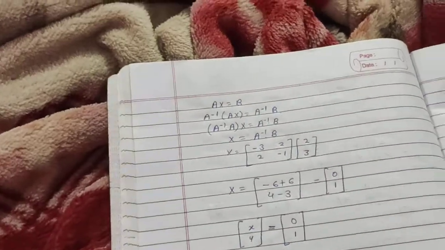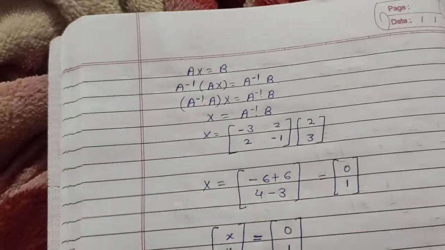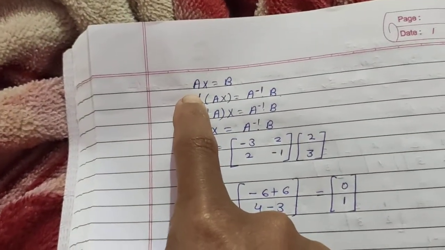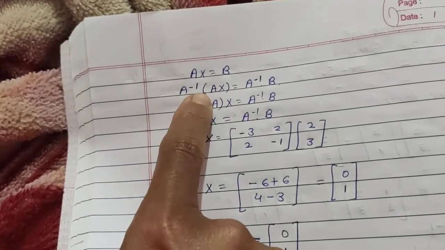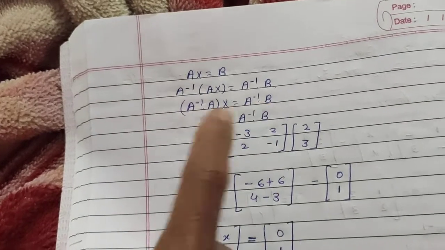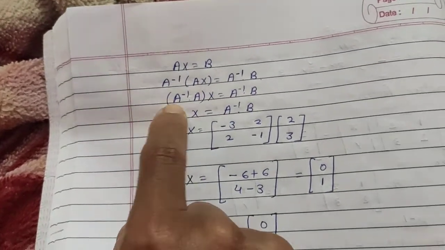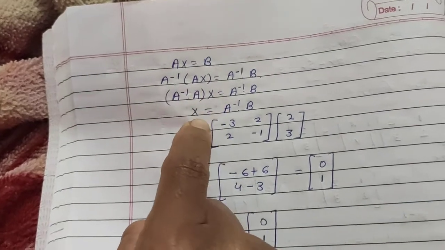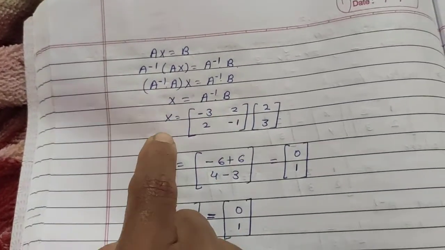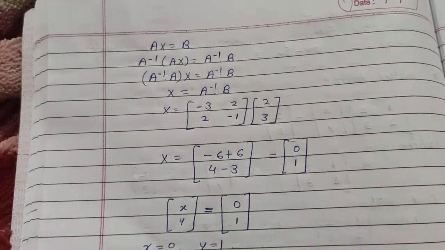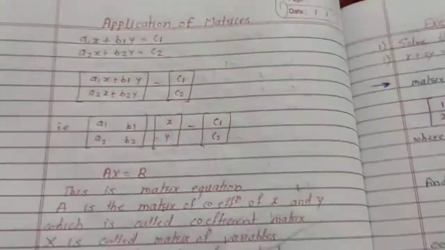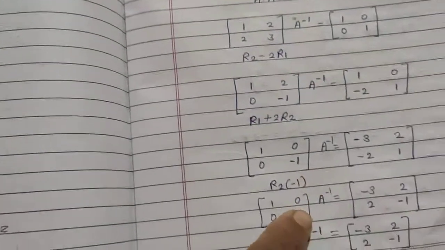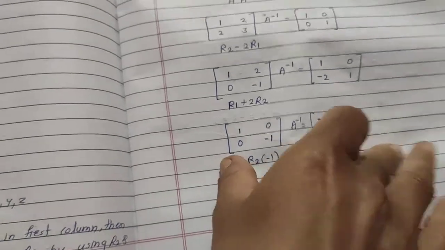AX is equal to B, this is the matrix equation. A inverse multiply both sides, therefore A inverse into AX is equal to A inverse into B. A inverse into A means identity matrix, therefore X is equal to A inverse into B. A inverse we found by row transformation, use it in this equation.